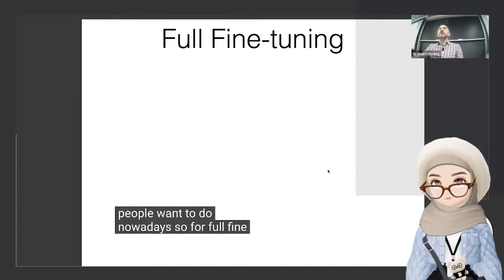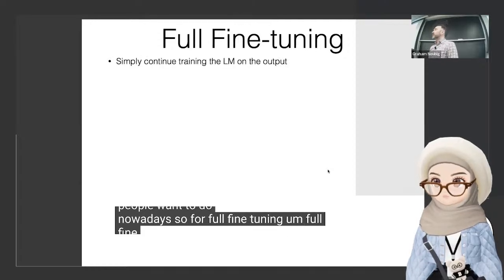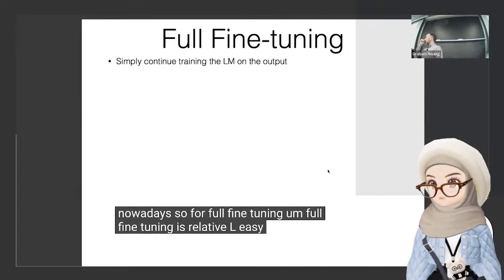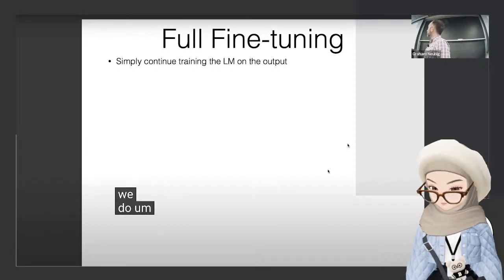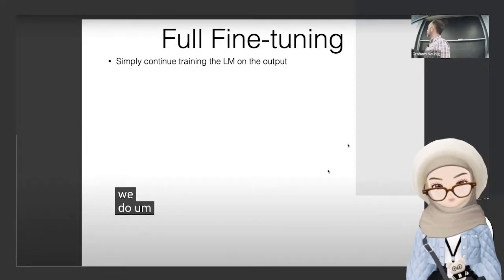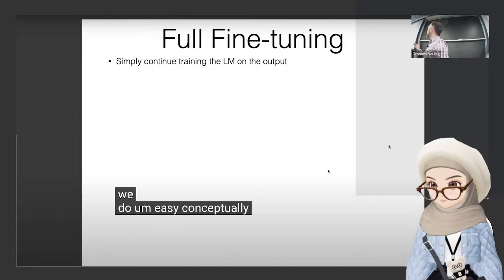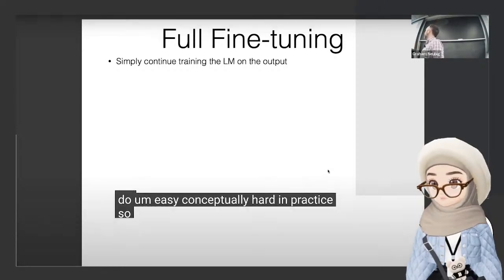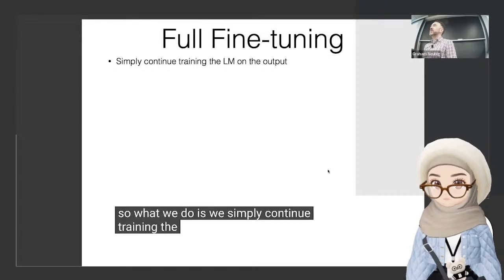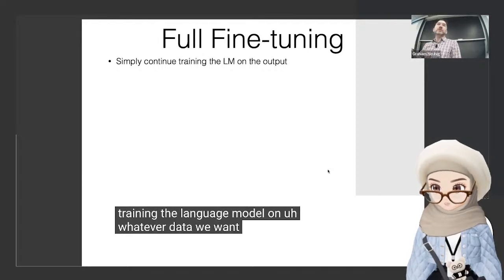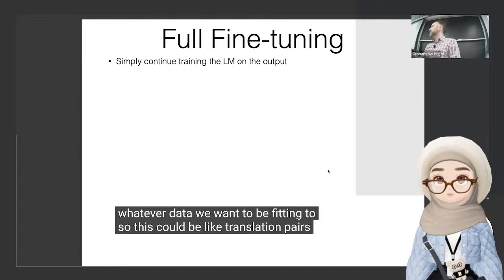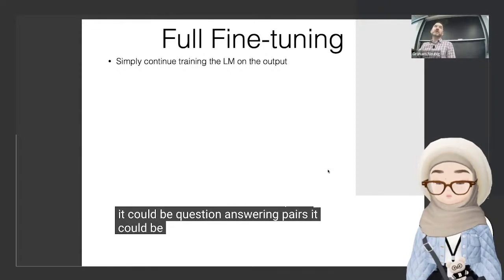Full fine-tuning is relatively easy conceptually, hard in practice. What we do is we simply continue training the language model on whatever data we want to fit to. This could be translation pairs, question answering pairs, or anything else like that.